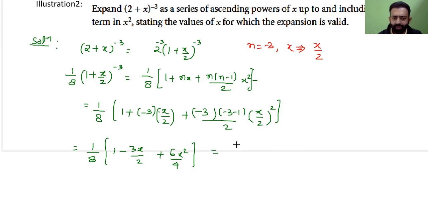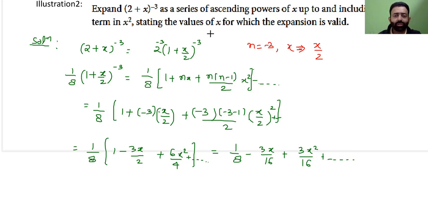Now again simplifying, multiplying this 1 by 8 inside the bracket, this will give you 1 by 8 minus 3x over 16, and plus 3 by 2 gives 3x square by 16. So this is the expansion till that term, and we have to write plus dot dot dot at the end. We say these are ellipses. So 1 by 8 minus 3x by 16 plus 3x square by 16 is your expansion.